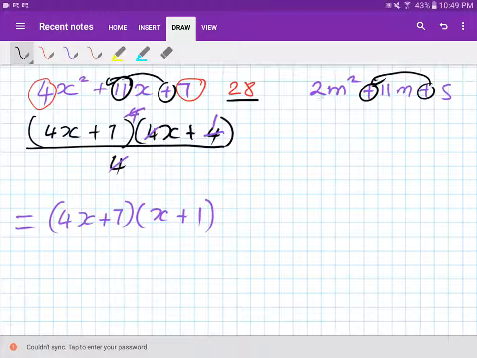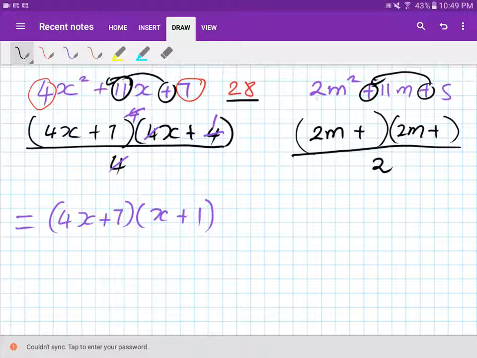Whatever that side is, we just copy it, because it's 2m squared. So that means we write 2m first, 2m, all over 2. If it's 10, you go over 10, 100 over 100, and if it's 100m squared, then 100m, 100m. Just keep that in mind. That's the only difference from the previous exercise.